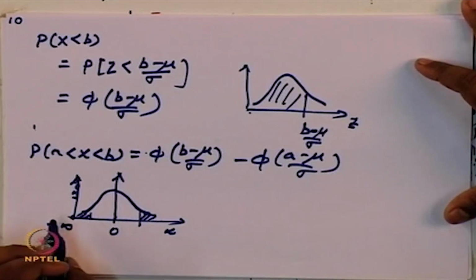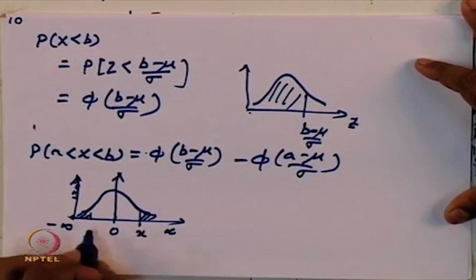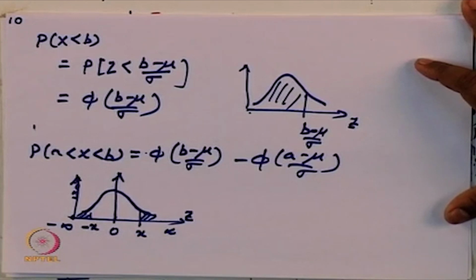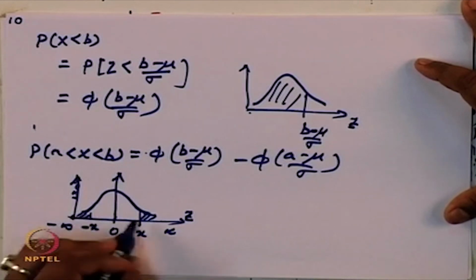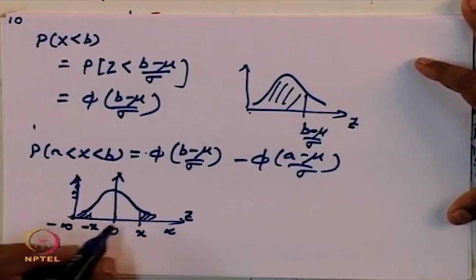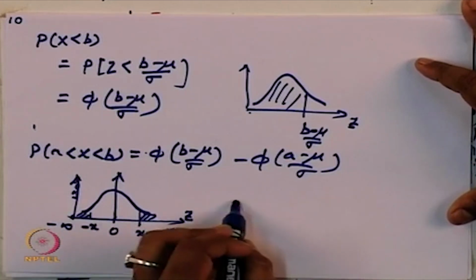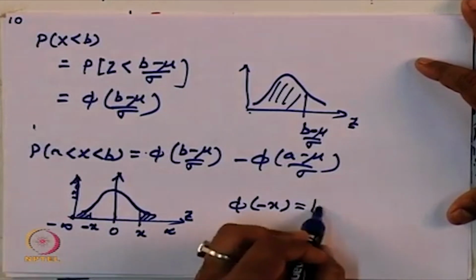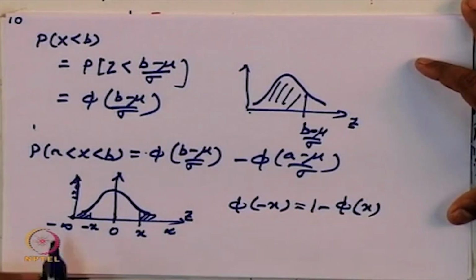In other words, let us say this is the value of x and this is minus x. So, this is your z axis, right. Phi of minus x, this area and this area are exactly the same. So, I can write phi of minus x is equal to 1 minus phi of x.